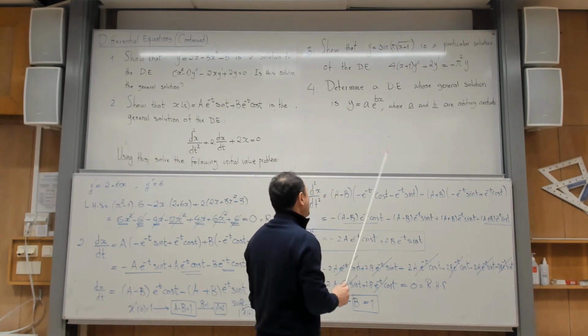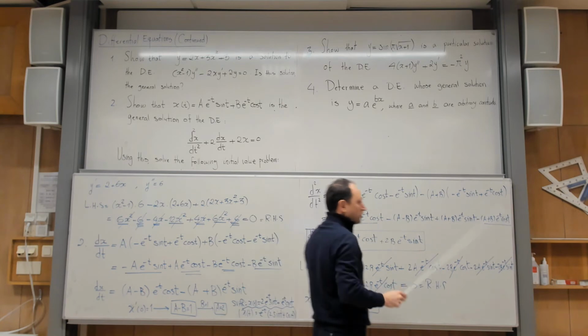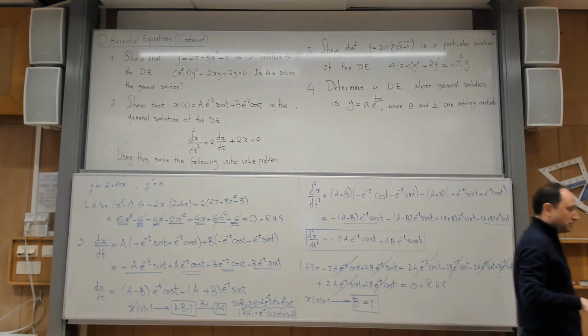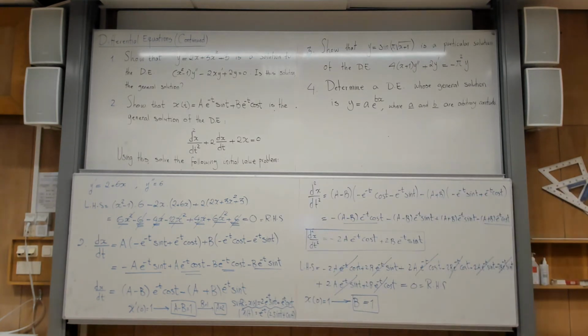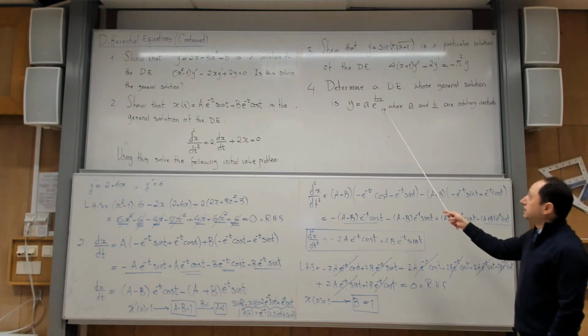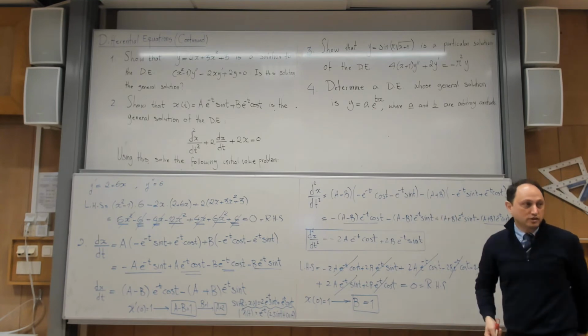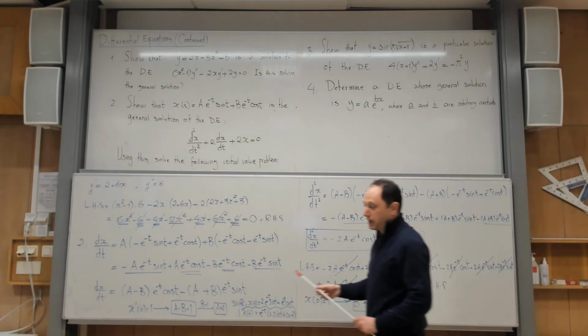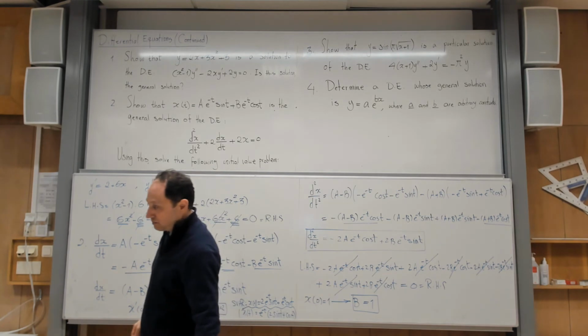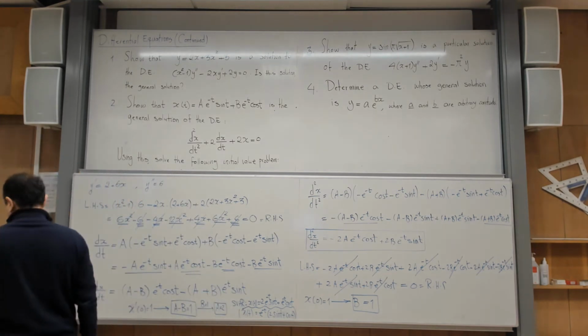It's more than that, because sometimes we really need to write a differential equation for a family of curves. I call this a family of curves because if I change a and b to different numbers, I will have different curves. Yes? Okay, I will give you a little bit of time to think about at least number 3.